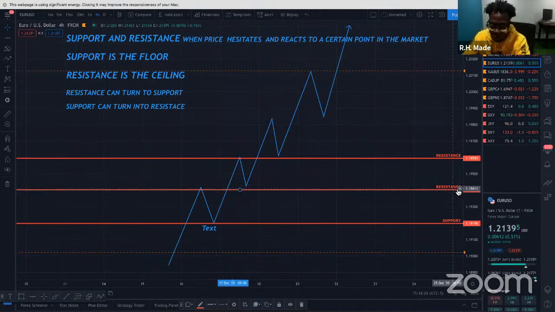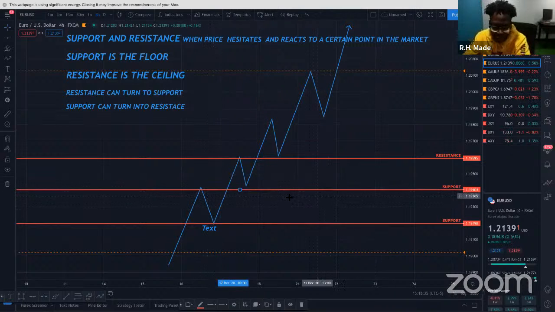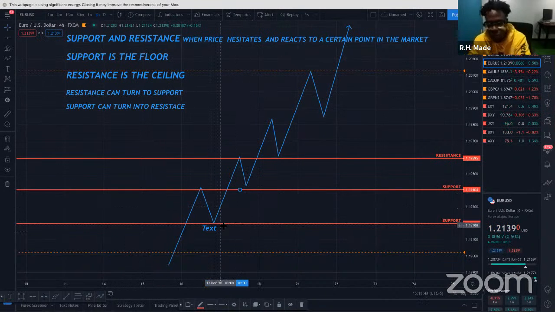So this is a new support. The only way a resistance can turn into support is if it comes down and retests that same area. Every time a resistance is broken, it will always come down and retest that same area. It might not do it right away, but it will eventually do it within the market. So just be mindful of that when you're trading.